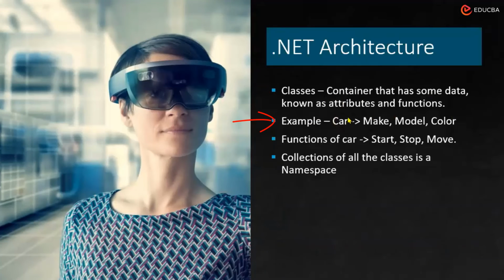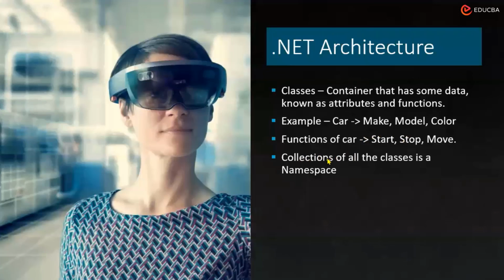For example, you can take car as a class. A car class can have different types of attributes: its make would be different, its model would be different, its color would be different. I can say these are all my variables. Similarly, a car can have different functions: a car can start, it can stop, it can move. These are the functions for a particular car class.